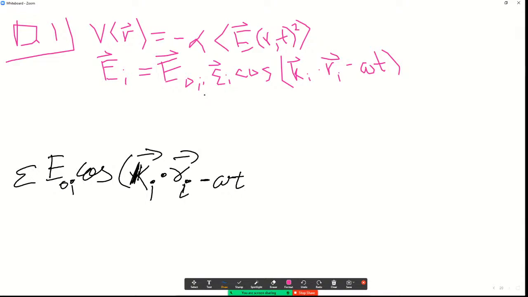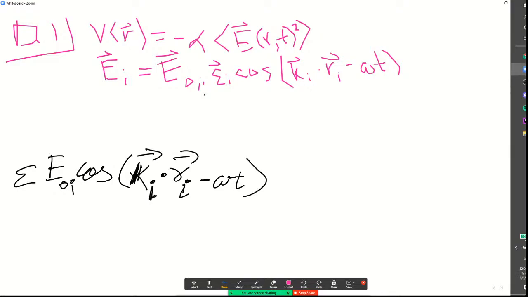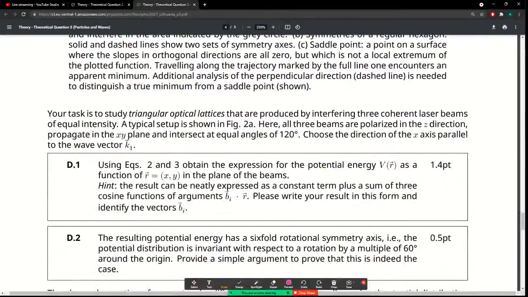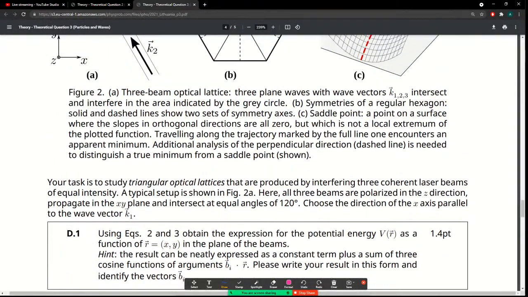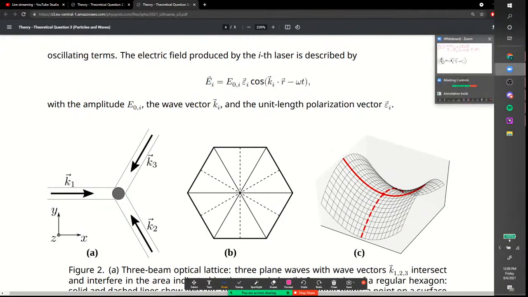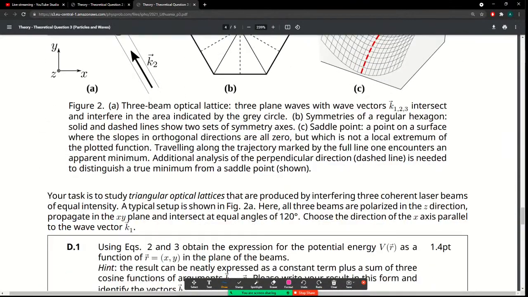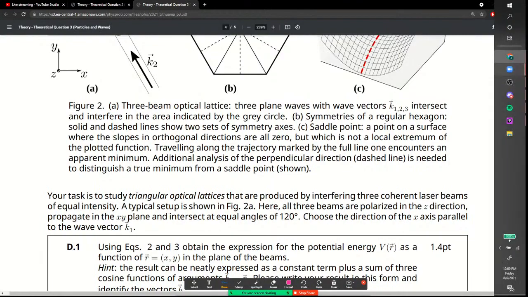Here R vector would be the same for all, right? Yeah. Okay, so we sum, square, into negative alpha. But to square we have to expand this.